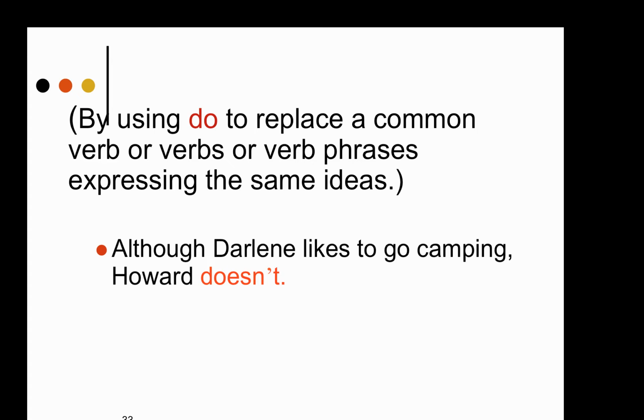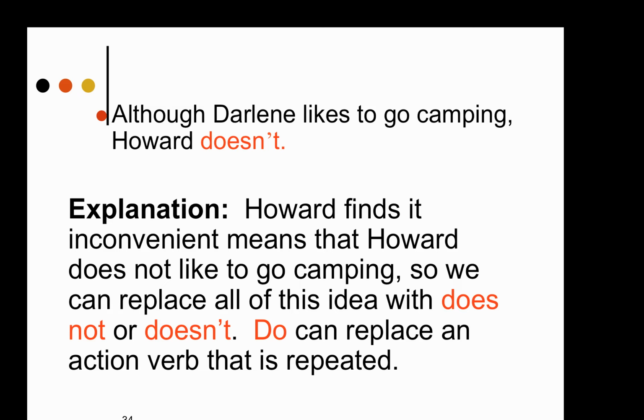Also, it's possible to use something like do to replace a common verb or verb phrase that express the same idea. So here we have, although Darlene likes to go camping, Howard doesn't. And the explanation here is that Howard finds it inconvenient means that Howard does not like to go camping, so we can replace all of this idea with does not or doesn't. Do can replace an action verb that's repeated.